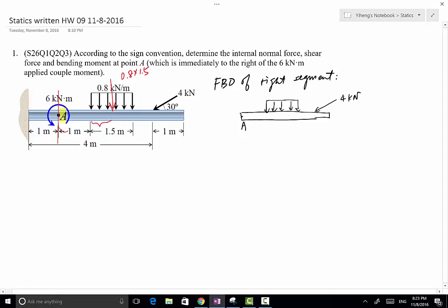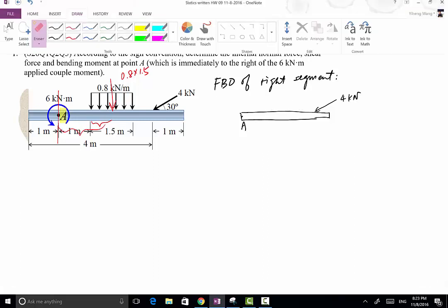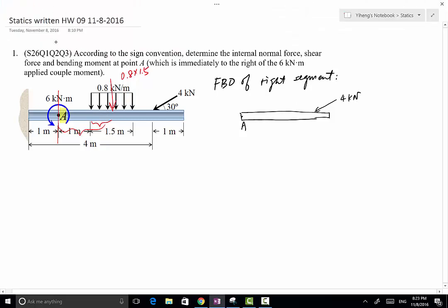Therefore, from point A, that's going to be 1.75 meter. So with that said, on our free body diagram, we directly mark it as the 1.2 kilonewton force with a location 1.75 meter away from point A.